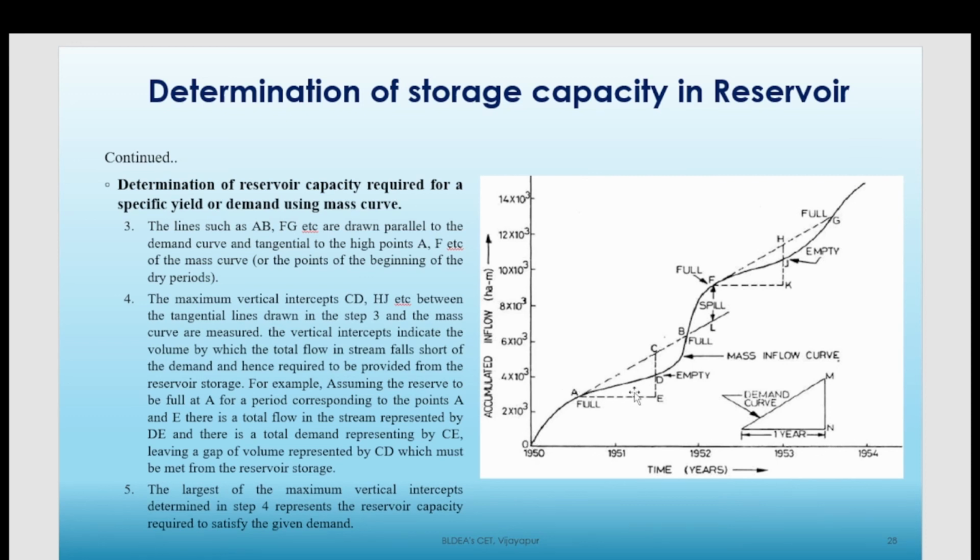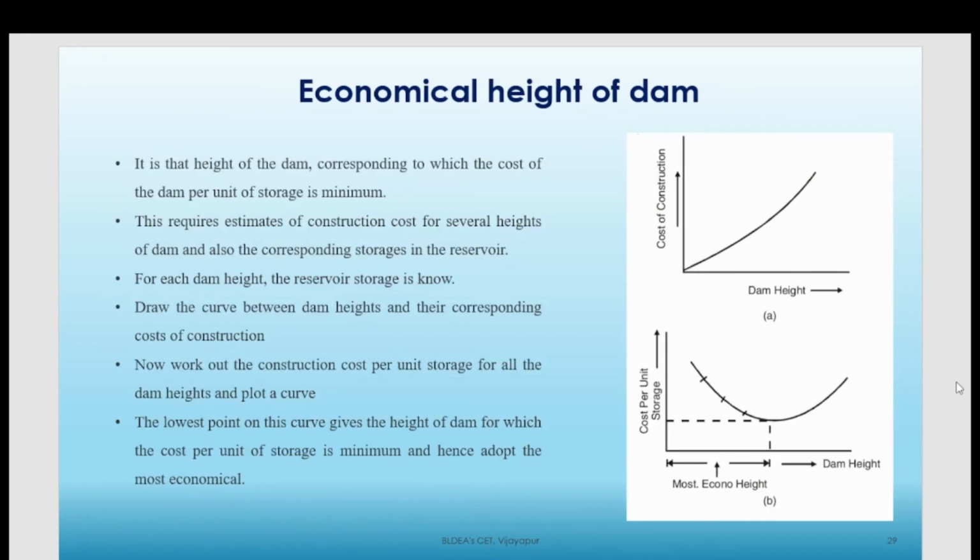If the height is very small, the water stored is very small. If you keep increasing the height, the spatial area over which the water gets ponded also keeps increasing. After some point, the water spread area will remain constant. The area will not keep increasing.